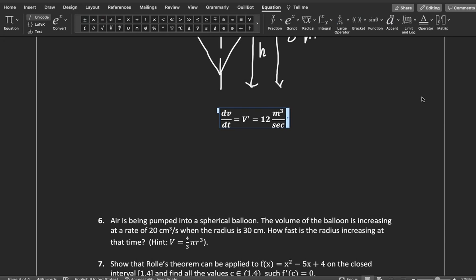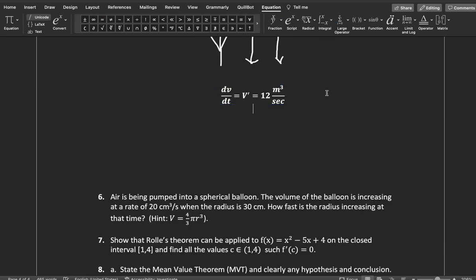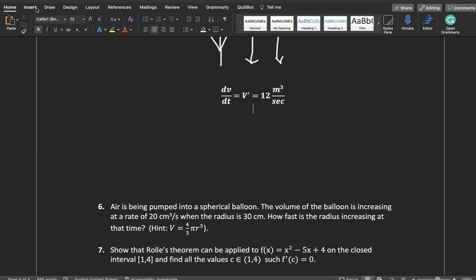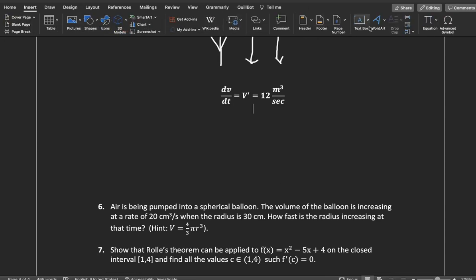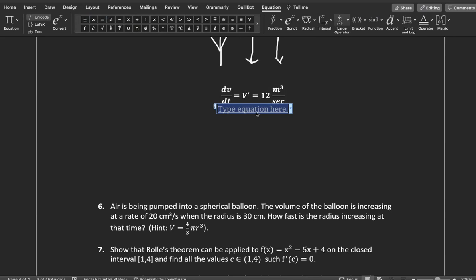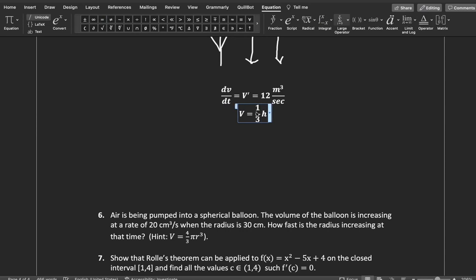Now, we know the formula for the volume of a cone, right? Again, from high school, the volume of a cone is V equal to 1/3 of the height multiplied by the area of the base, which is a circle, so pi r squared.